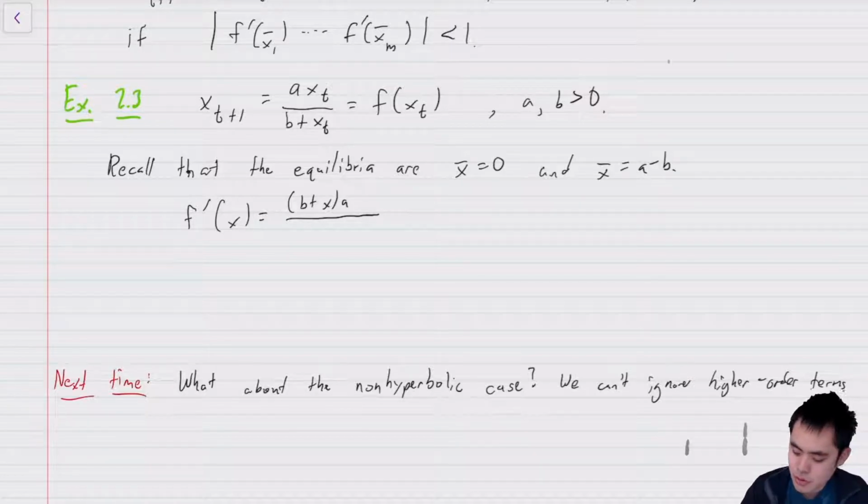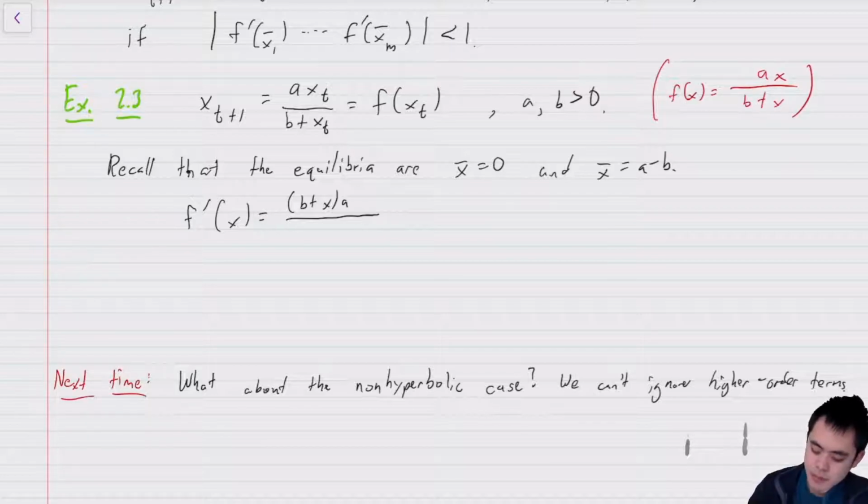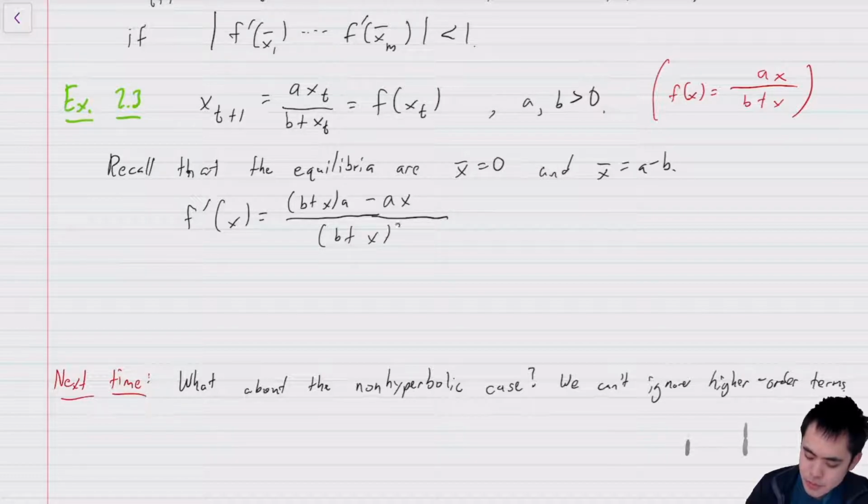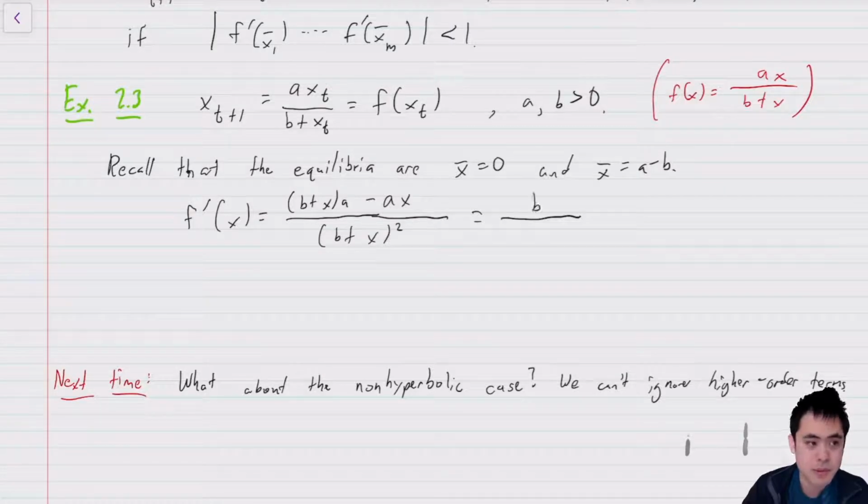We'll just note here that f of x is equal to ax over b plus x. Minus the top times the derivative of the bottom, so ax times 1, over the bottom squared, (b plus x) squared, and that's equal to ba over (b plus x) squared.